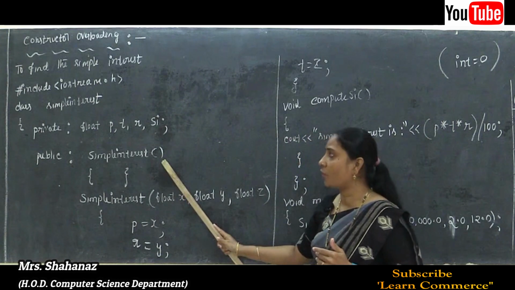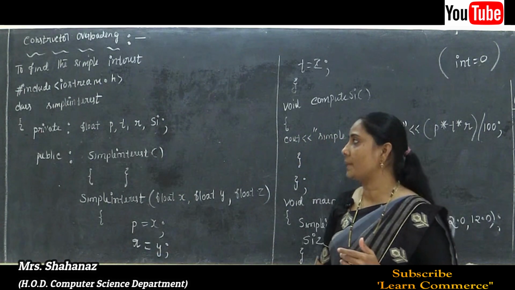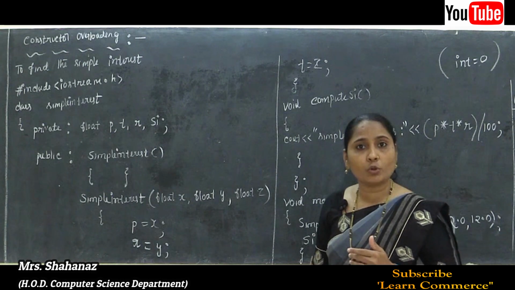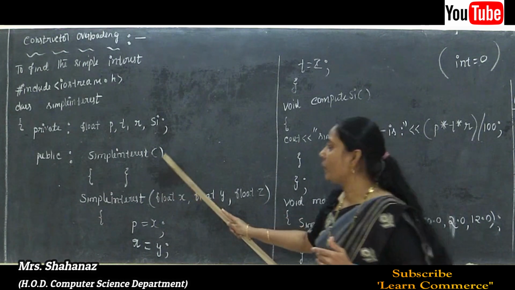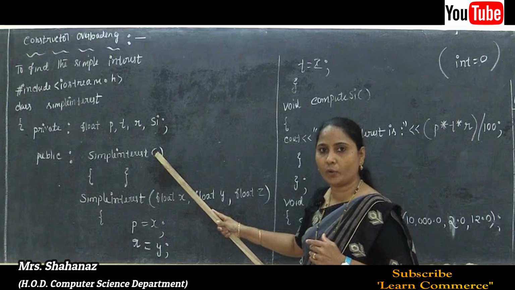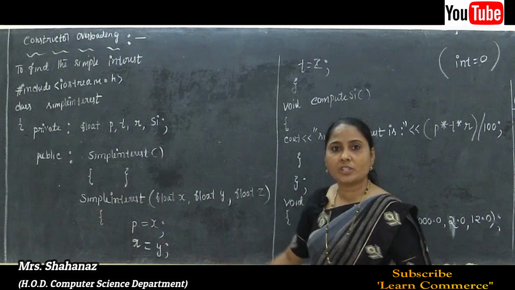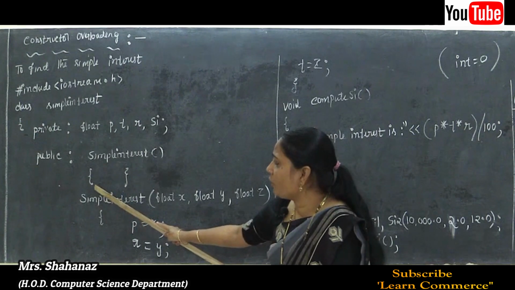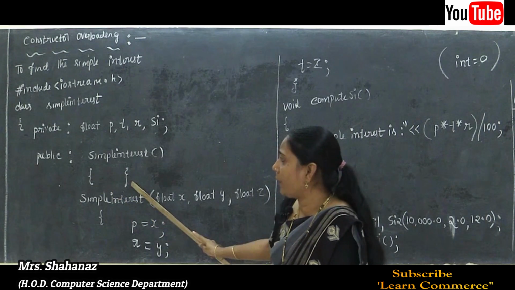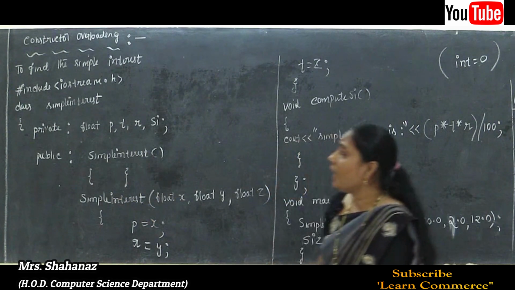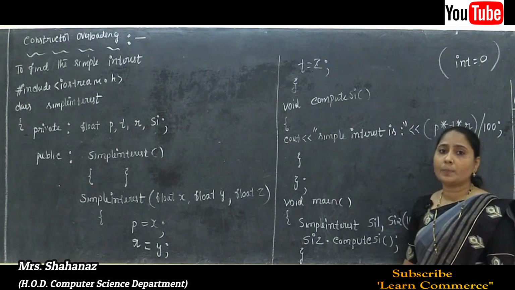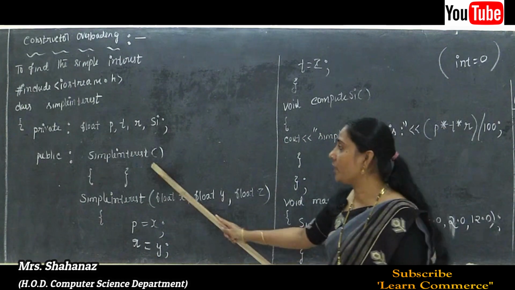This definition of the special member function SimpleInterest is suitable for our default constructor. Why? Because in the brackets there are no arguments. If there are no arguments, there is no calculation. So I just used an opening flower bracket and a closing flower bracket here. So this one is our SimpleInterest default constructor definition.